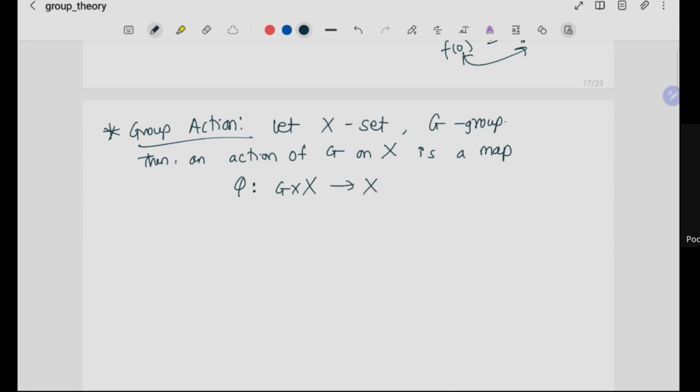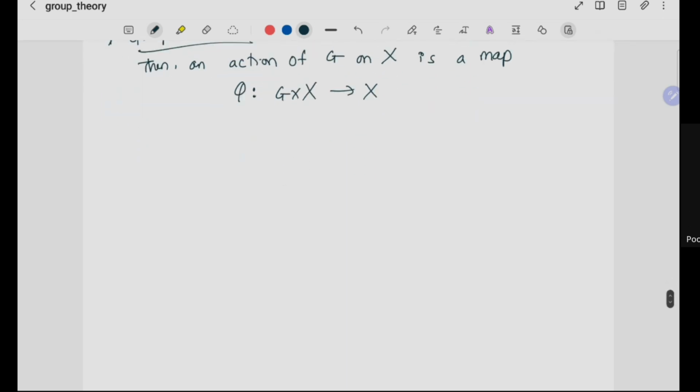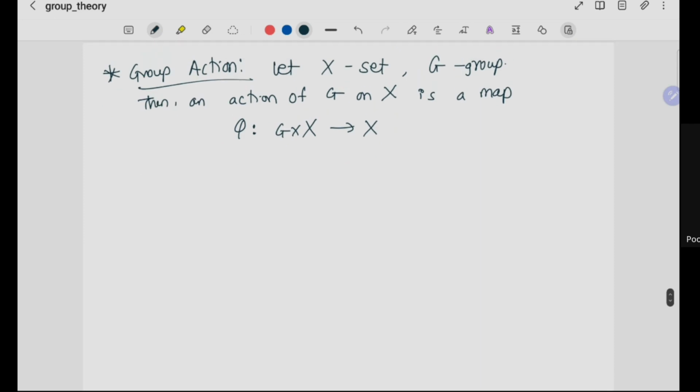So it is like G is acting on X and giving us again an element from X, which satisfies certain conditions. Satisfying that phi of (e, x) is x.